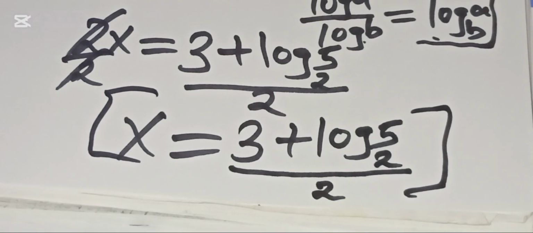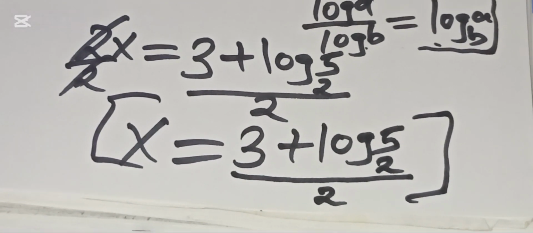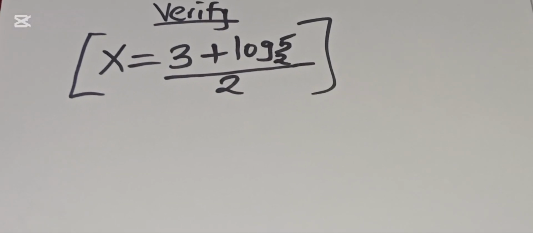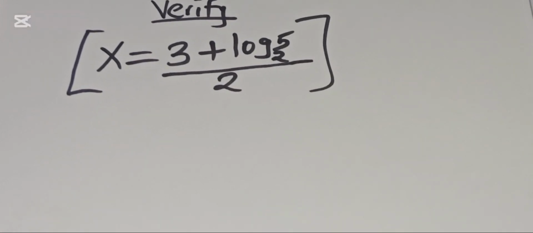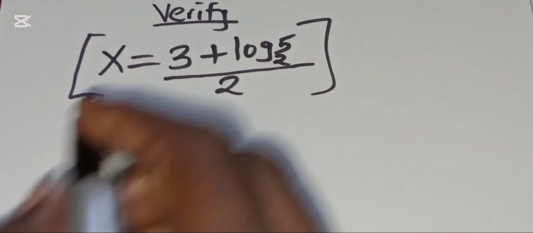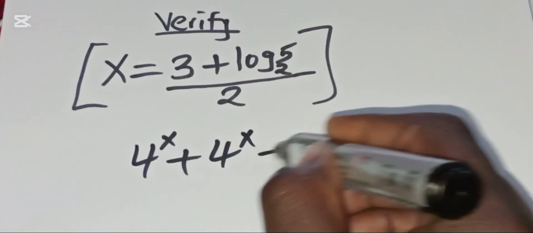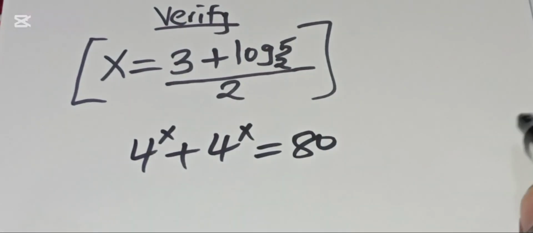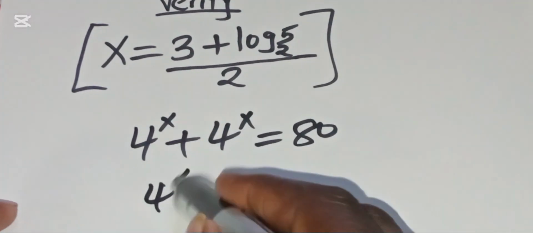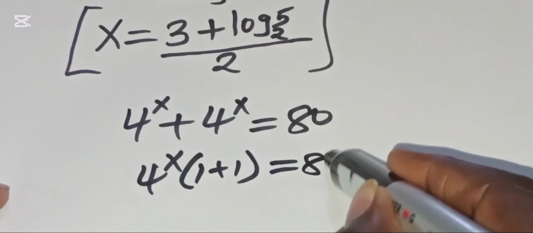Let's verify that this value of x satisfies the equation. So let's verify that this value of x, which is 3 plus log 5 to base 2 divided by 2, satisfies the equation. As you might recall, we have that 4 raised to power x plus 4 raised to power x is equal to 80. And 4 raised to power x is common, so that we're going to have 4 raised to power x times 1 plus 1, which is equal to 80.